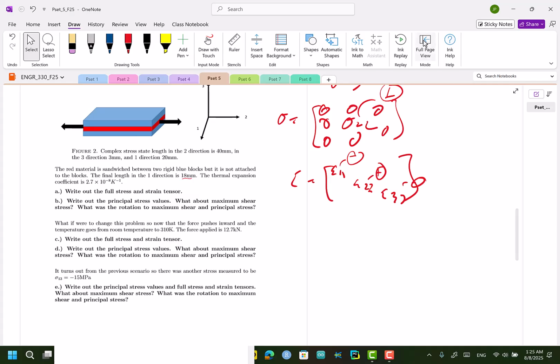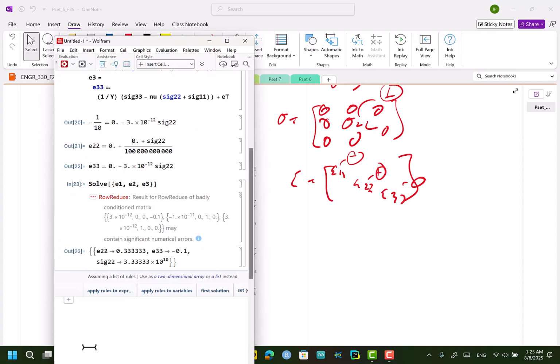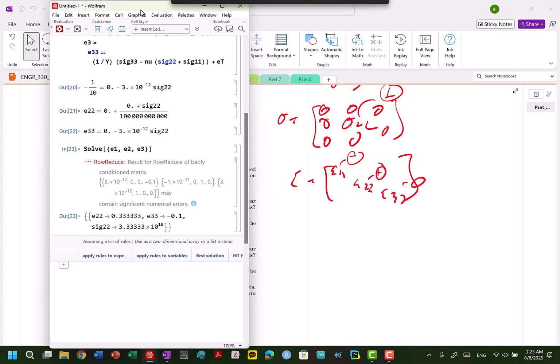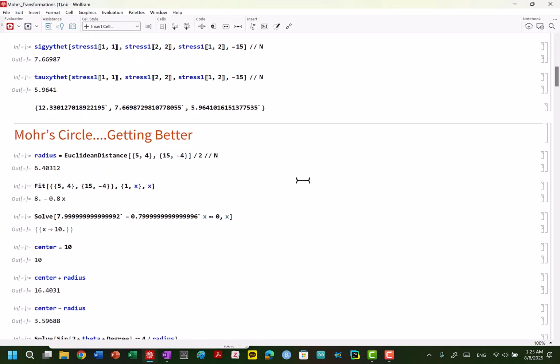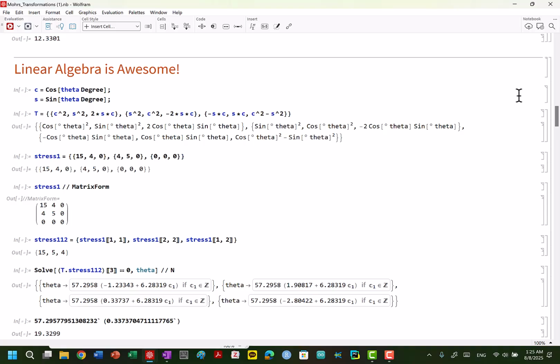And actually, I'm going to show it right now. I'm going to go to my Mohr's transformation. I'm going to get my handy linear algebra, and we're going to solve this problem in two ways.